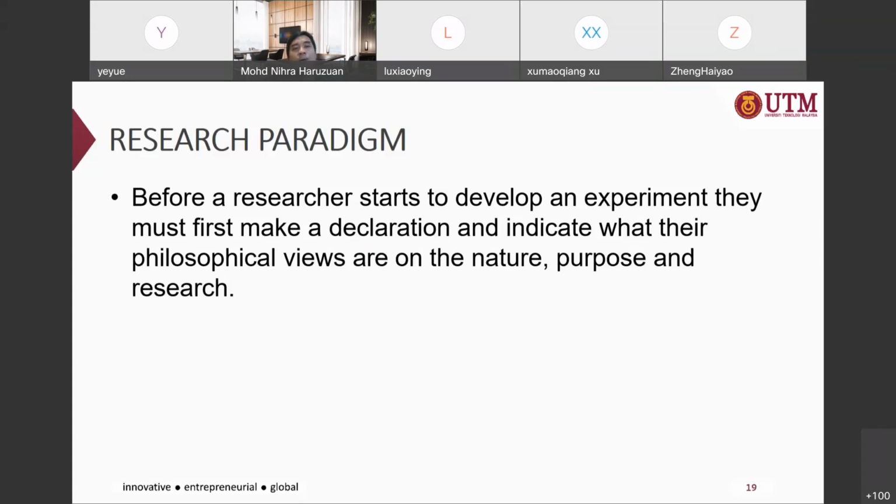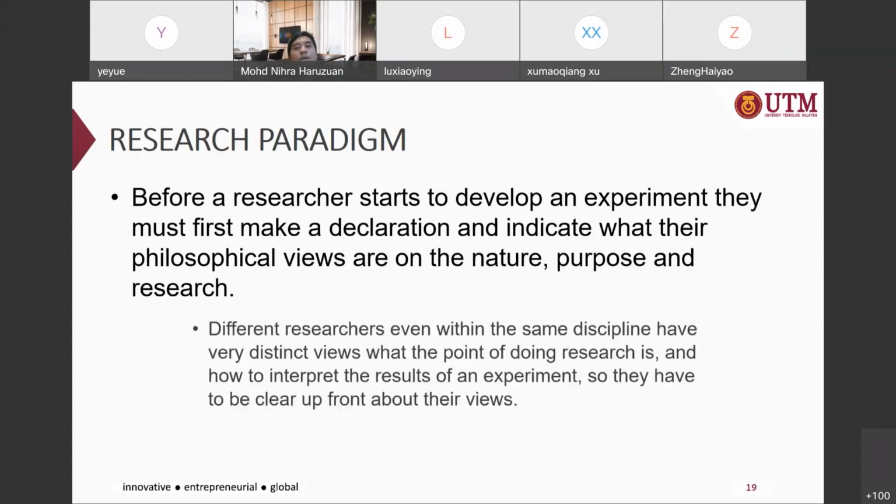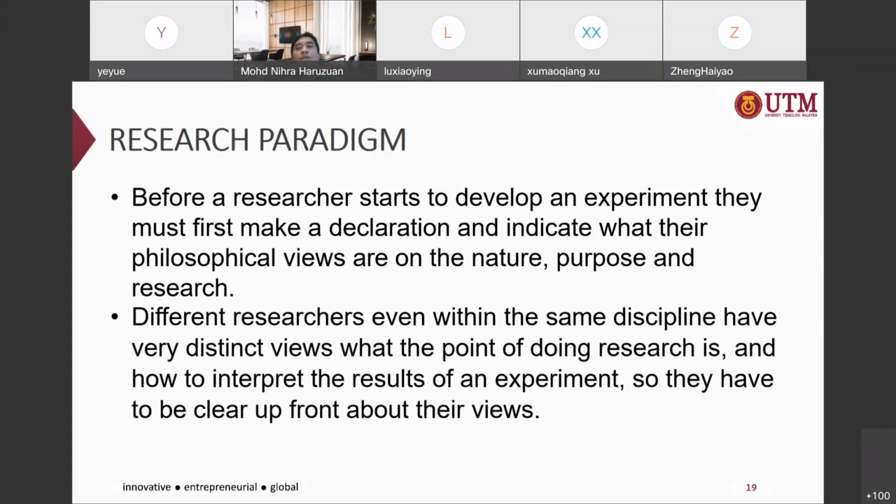You need to make sure of your worldview. What is your worldview, right? Different researchers, even within the same discipline, may have very distinct views on what the point of doing research is and how to interpret the result of an experiment. So they have to be clear up front about their view, right?